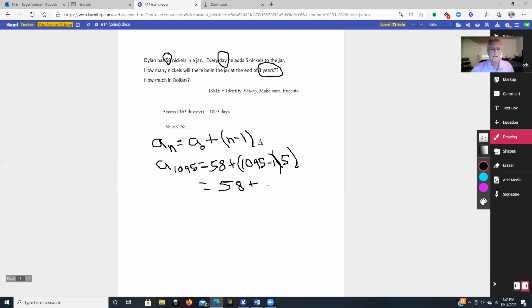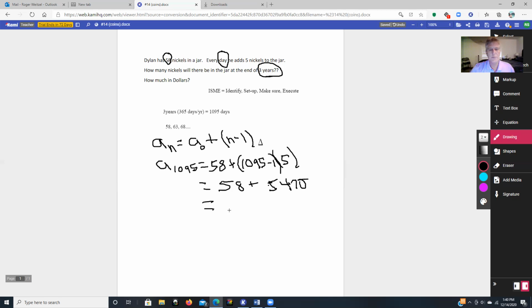That's going to be, I get 5470. I was needing to check my number here. And if I add that to my original amount, I'm going to get 5528. That's what I got the first time.